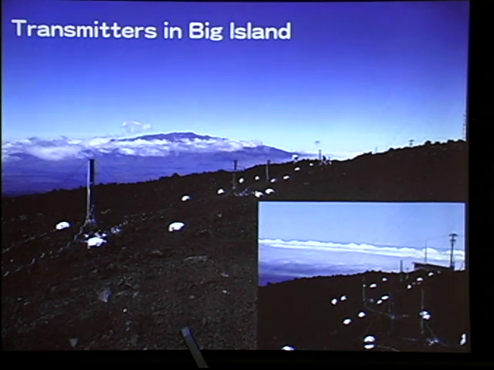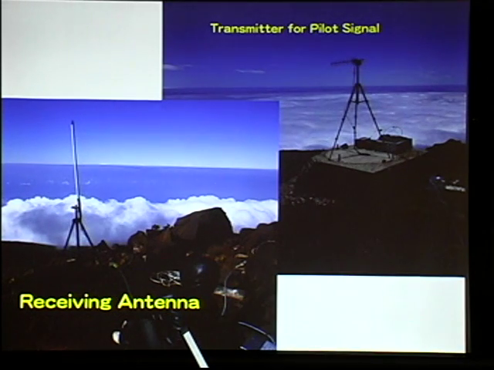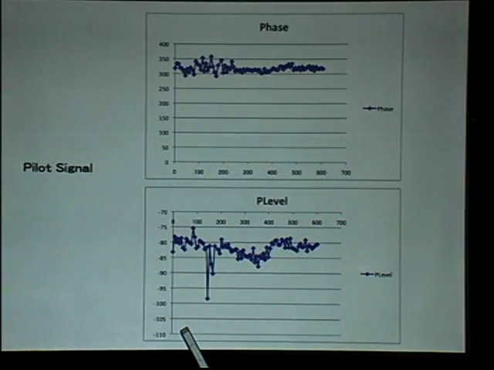The aperture is about 100 meters. For the experiment, this is the transmitter for the pulse signal, and this is the receiving antenna at Haleakala. These data are the pulse signal.